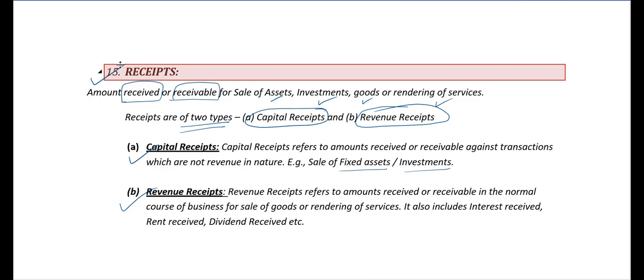So, amount received or receivable for sale of goods or amount received or receivable for rendering of services, that is a revenue receipt. It also includes interest received, rent received and dividend received. So, this is a receipt, any amount which is received or receivable. If it is against a transaction which is not revenue in nature, it's a capital receipt. If it is relating to the sale of goods or rendering of services, then it is a revenue receipt.